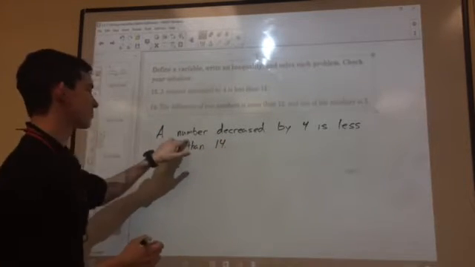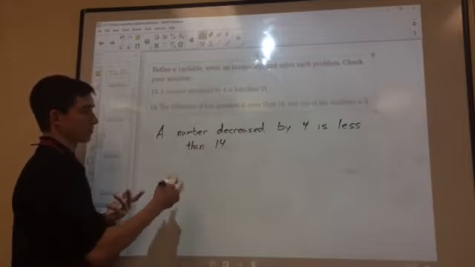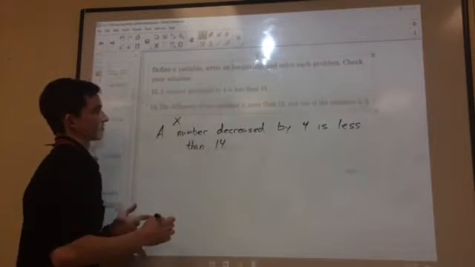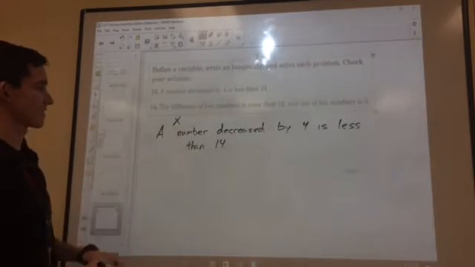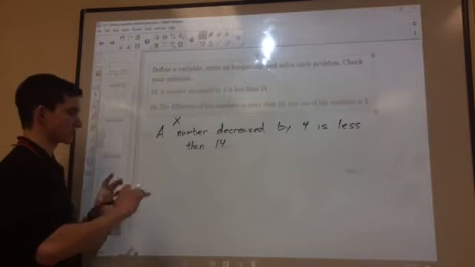Okay, so a number, I don't know what the number is, so I'm going to call it a variable. When it says define a variable, that's what it's talking about. So x is going to represent a number.